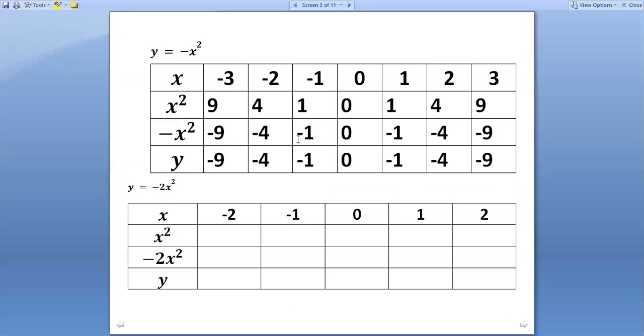So, this will be the table of values for the graph of the function y equals negative x squared. The coordinate pairs will be negative 3, negative 9, negative 2, negative 4, negative 1, negative 1, 0, 0, 1, negative 1, 2, negative 4, and 3, negative 9. And you can plot these points on the chart.